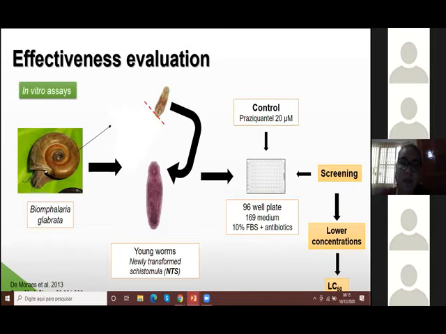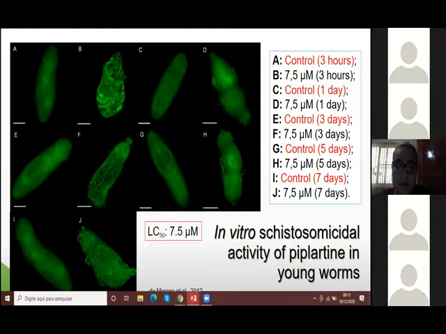Here, the LC50 we identified was 7.5 micromolar. And we analyzed the tegument of these young parasites, and we identified very severe alterations in different ages of the young worms, at days and 7 days. This study was also published in Experimental Parasitology in 2012.